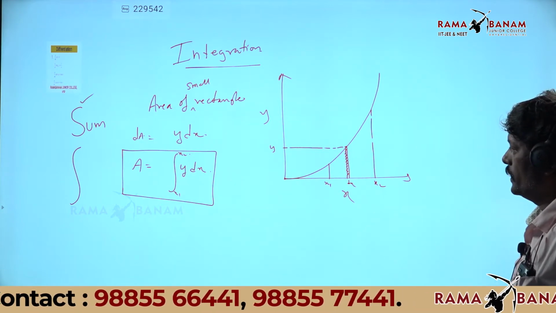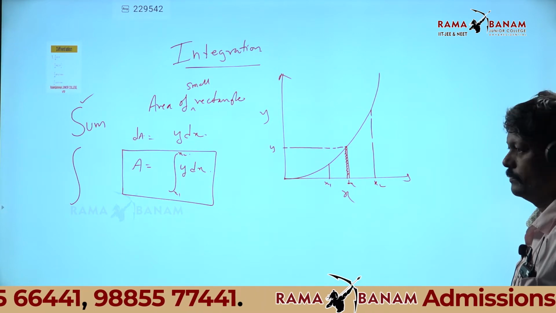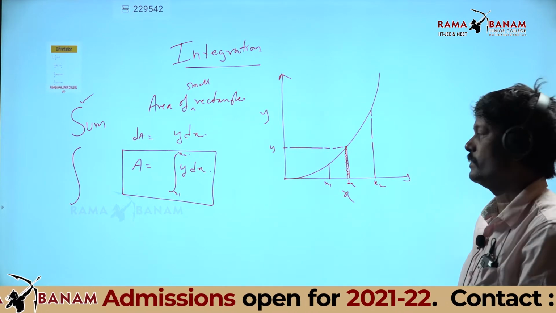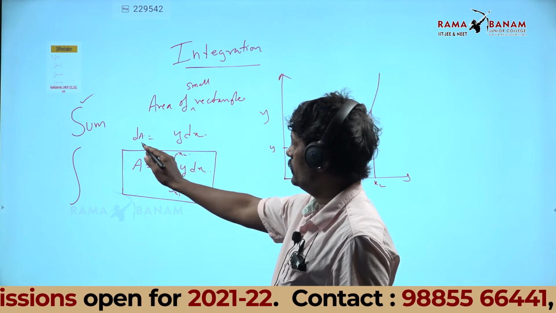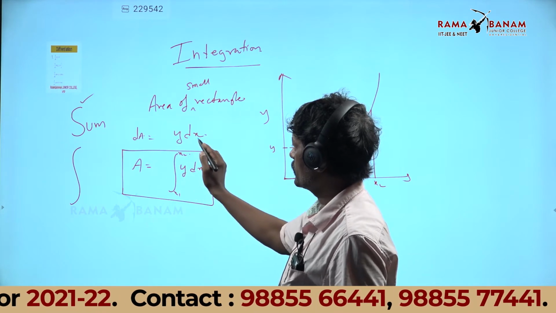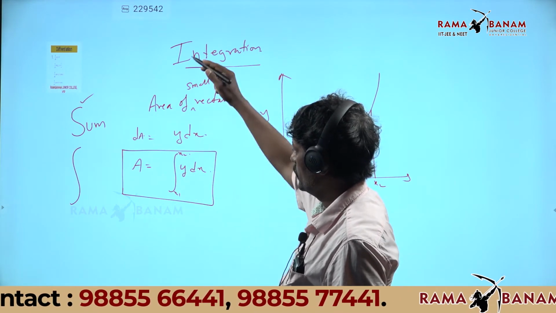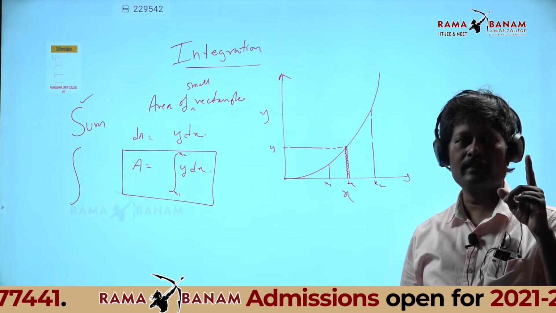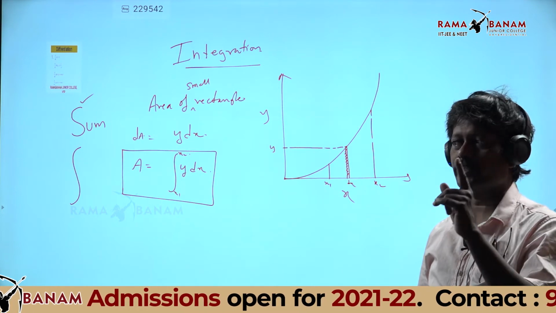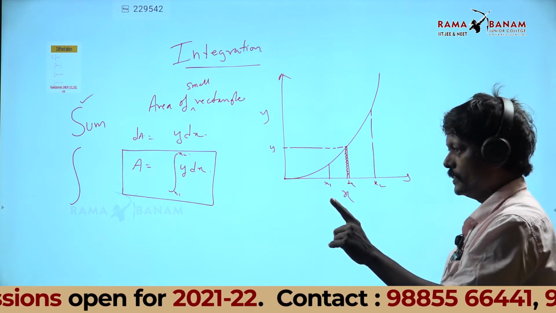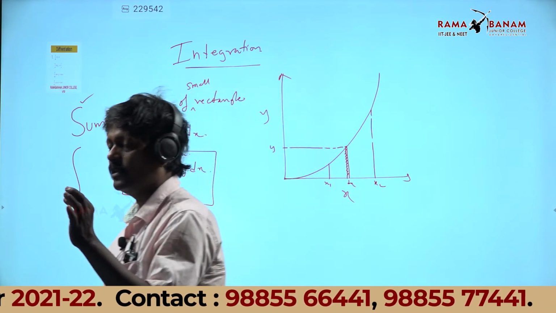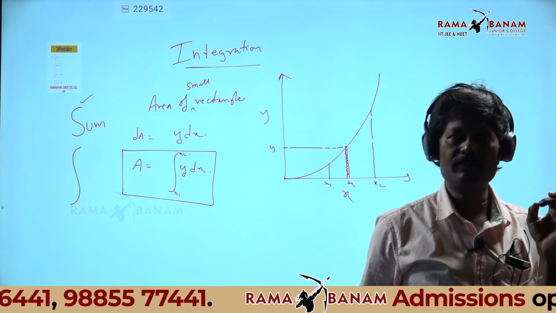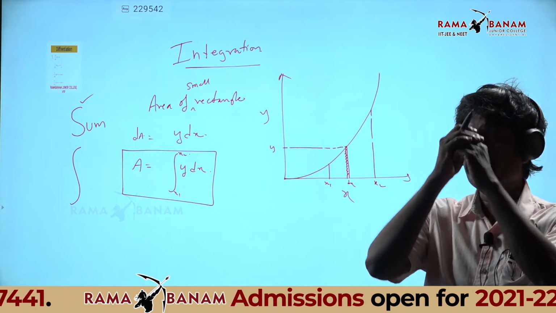So integral y dx is the area under the curve. Areas will give you some physical quantities. How it will give you physical quantities, that we will see later on. dA means a small area, dx small width, y is length of the rectangle. So in every integral formula, if you see y dx, it is the area of the small rectangle, whatever the function may be.